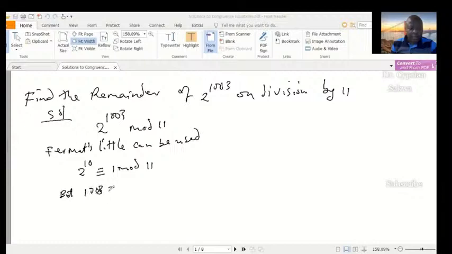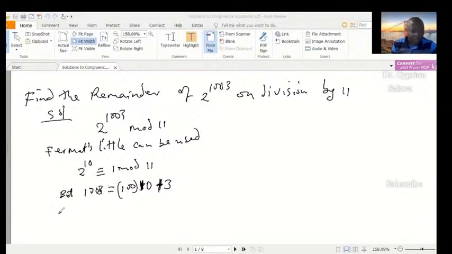1,003 is the same as 100 times 10 plus 3. 3 is the remainder when 1,003 is divided by 10.